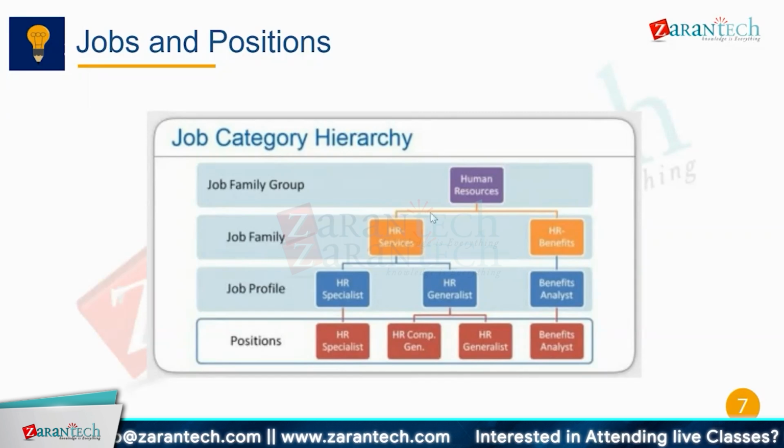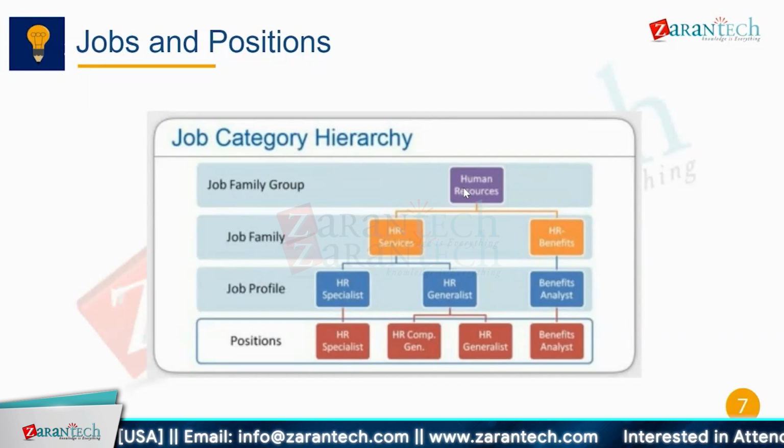So if we walk through this example here, at the highest level, you have human resources. Everybody knows that that's a function within a company. But when you delve into the details, there's a group that's around HR services, and there's a group that's around HR benefits.